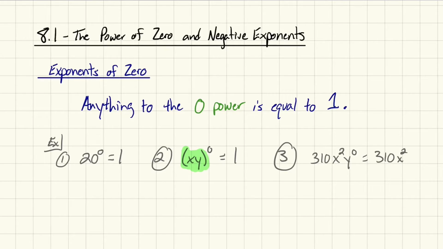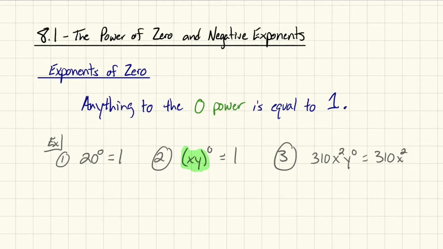You'll see things that you can simplify, things that you can reduce, things that you can actually do math on. But if all of that stuff is inside a parenthesis and the entire parenthesis is raised to the zero power, then the answer is automatically 1. It doesn't matter if you can do stuff, simplify, or not.